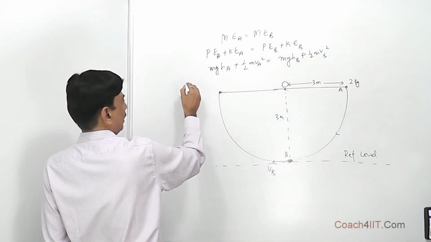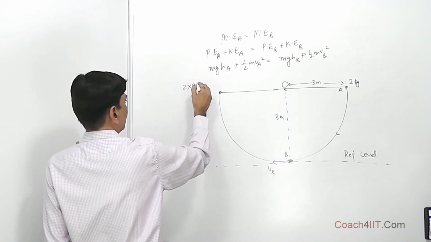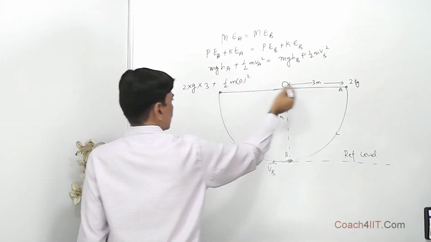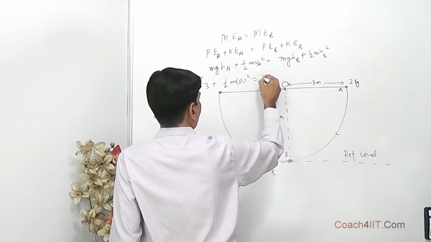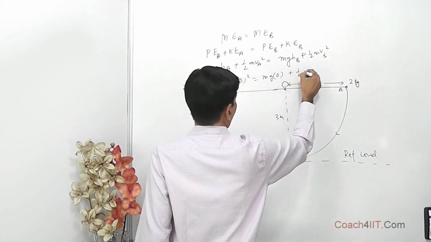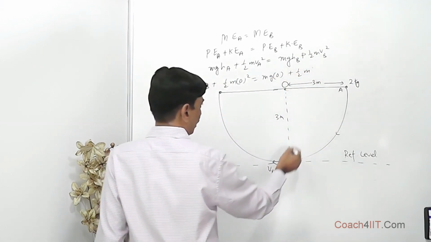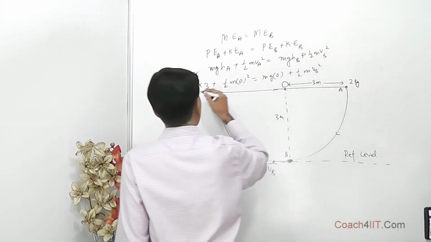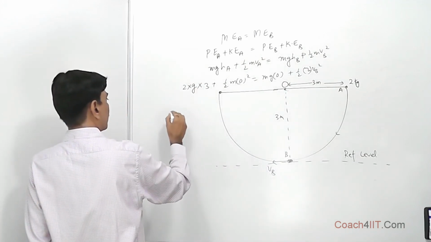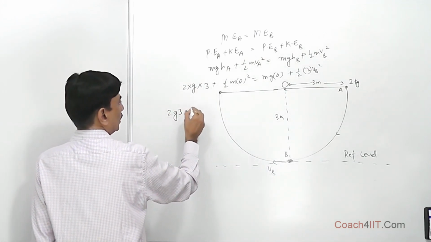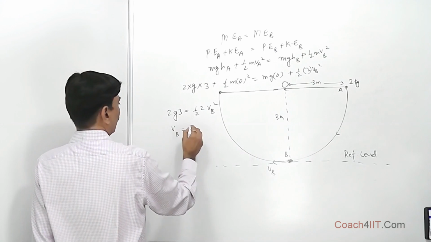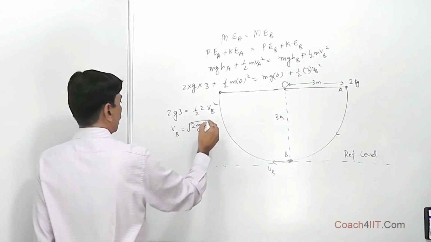So m is 2, g take it as g, h is 3, plus half m, speed given over here is 0. mg at the reference level is 0, plus half m VB square. M is given as 2, so let's write it as 2, otherwise it doesn't matter, it will get cancelled otherwise also. So it says 2g3 is equal to half 2 VB square. So VB comes out to be the square root of 2g3.